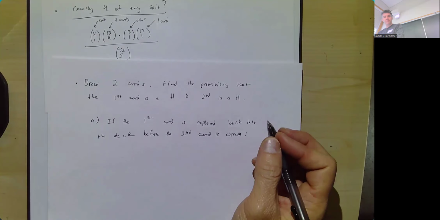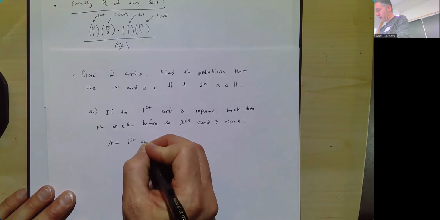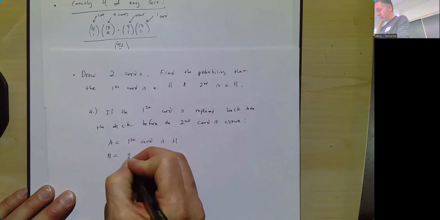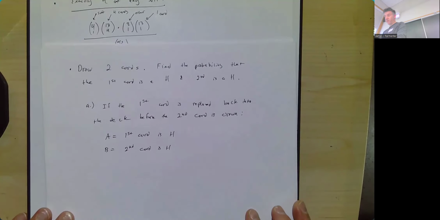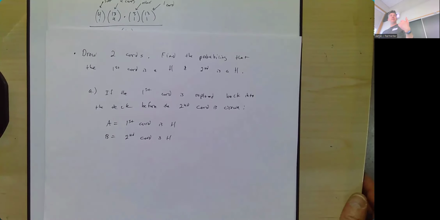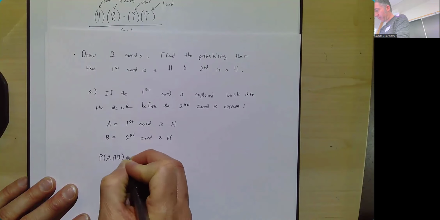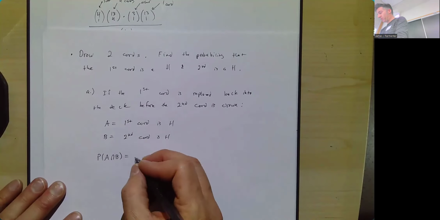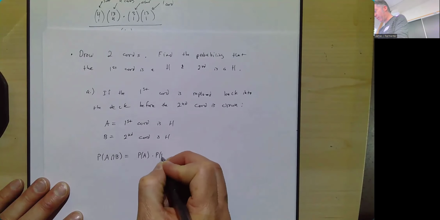Okay, well, let's say that A is the event that the first card is a heart. B is the event that the second card is a heart. So I want to find the probability that A and B happen, right? The first card is a heart and the second card is a heart. That's the intersection. And in this case, we can say it's going to be equal to the probability of A times the probability of B.